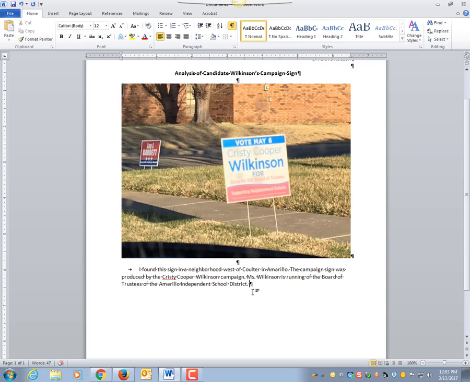Candidates for the AISD Board of Trustees run in non-partisan elections. One of the things that I didn't like about the sign is that it does not mention cumulative voting.